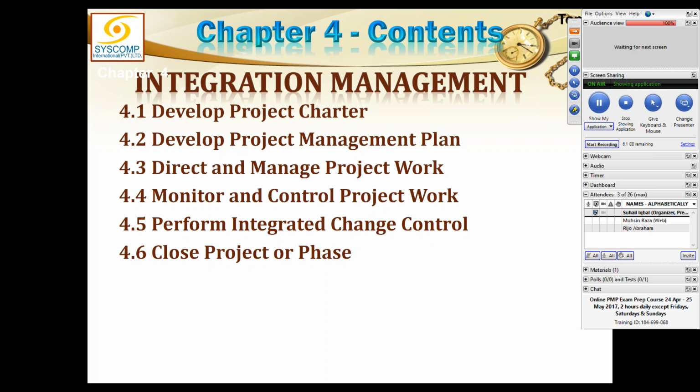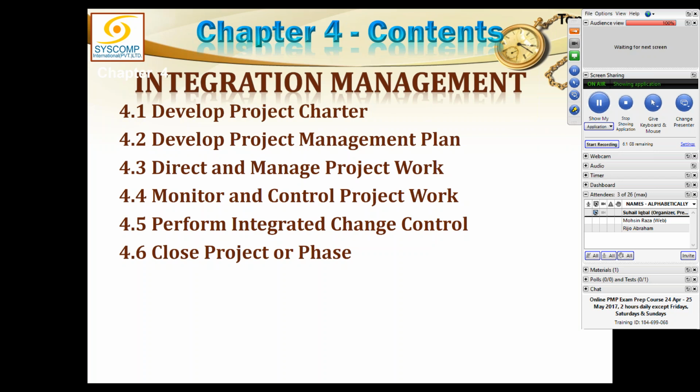And project management plan was prepared in accordance with what? Project management plan is prepared in accordance with the governance structure. The project governance is what is dictating the project management plan. It is exactly in accordance with the project governance.